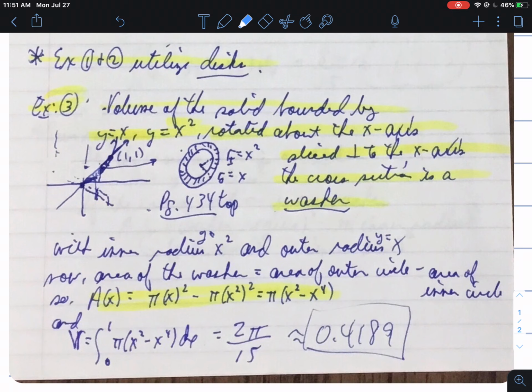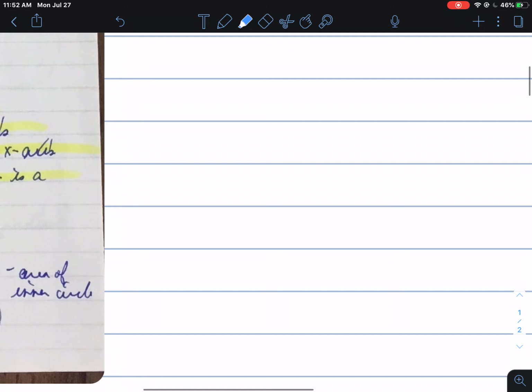So the inner part of this thing is hollow. So if you take those curves, y equals x, which is that nice line right here, and then the curve y equals x squared, which is our parabola. It's not a very good distinction, but let me try it over here a little bit nicer.